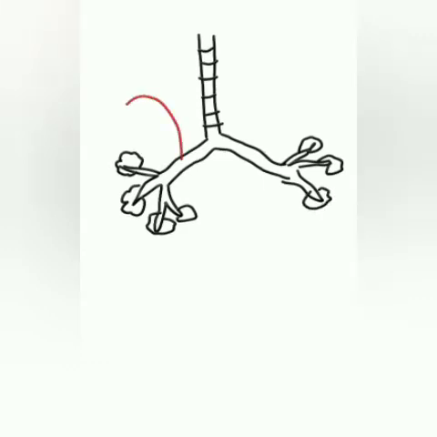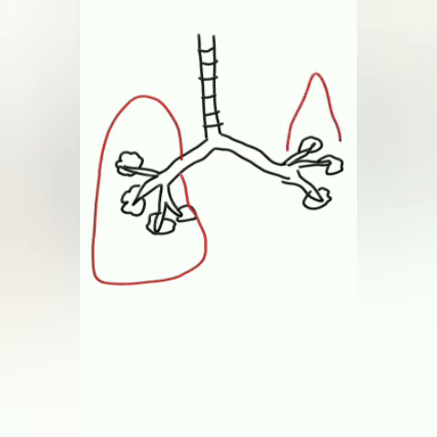So we know that our lungs are roughly cone shaped with tapering end at the top and broad bottom. But the left lung has two lobes. Suppose this is the first and this is the second.